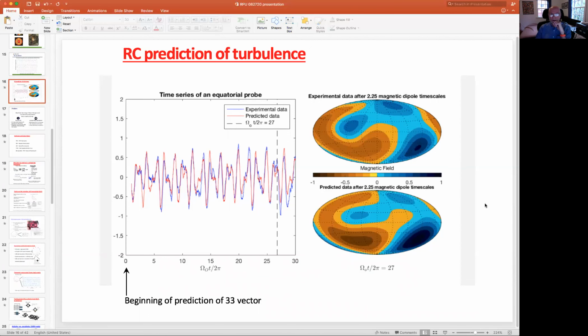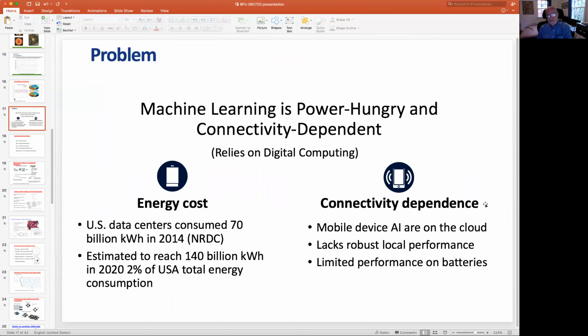So I want to turn now for the rest of the talk to discussing how we can use nonlinear dynamical systems, high-dimensional systems, as reservoirs to do machine learning tasks. And the motivation for going from a software model or computer model to a real physical system as the reservoir is the difficulties that machine learning has, and in particular, the energy cost of machine learning is staggering.